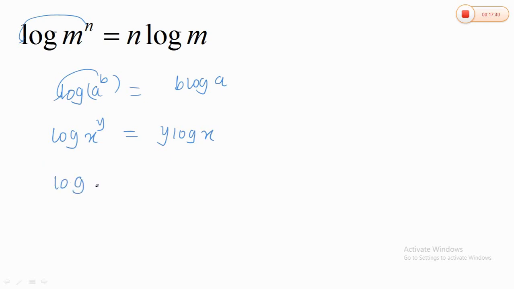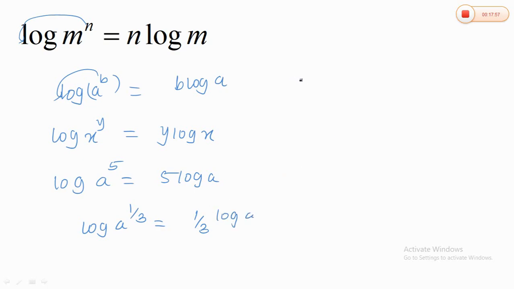Log a raised to 5 equals 5 log a. Log a raised to 1 by 3 equals 1 by 3 log a.